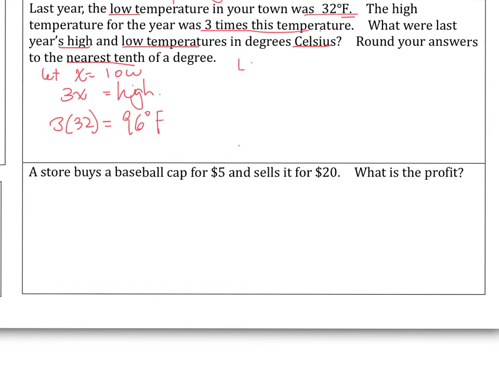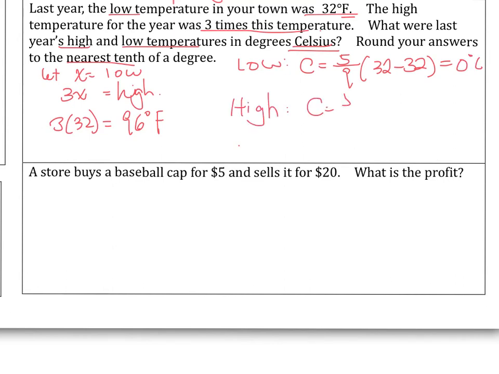So for low, to convert it to Celsius, you take this formula. Celsius equals 5/9 times the difference of F subtract 32. So 32 subtract 32, and this will be 0 degrees Celsius. Your high, 96 subtract 32.